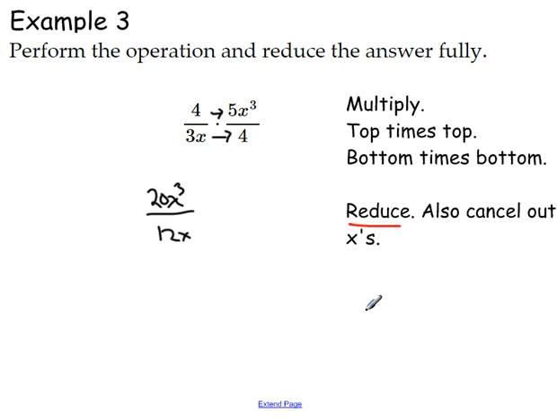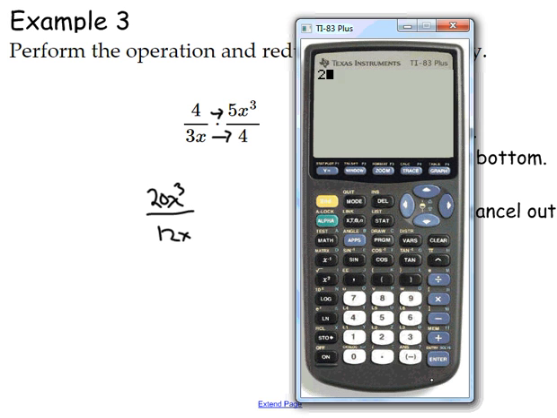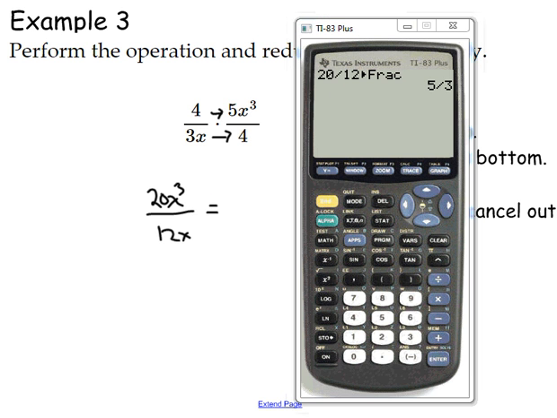So 20 over 12 reduces to what? Let's get our calculator. So 20 over 12, math, fraction, reduces to 5/3. Okay, now with the x's.